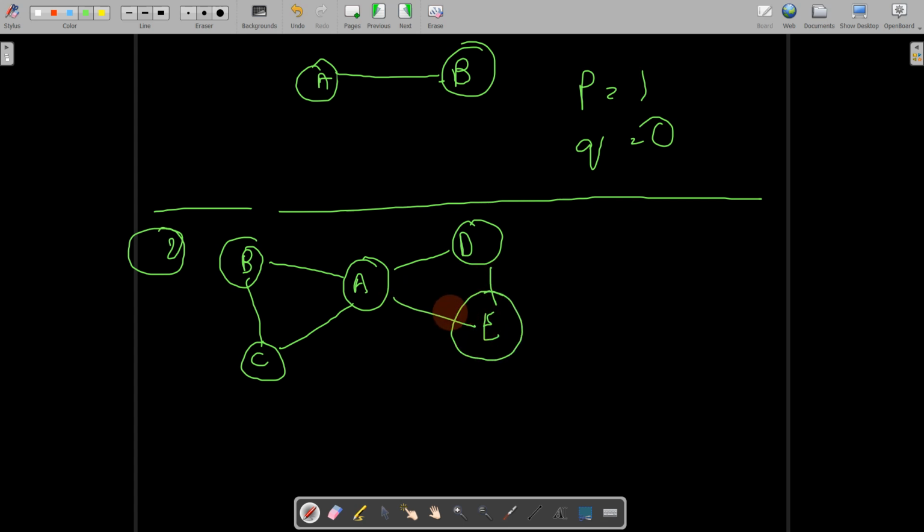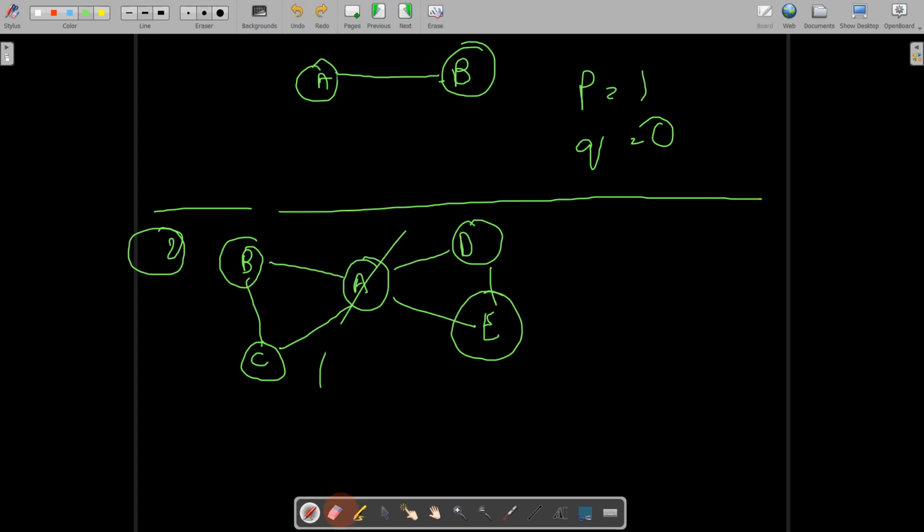It does have a cut vertex, this A. If you remove this vertex completely, how many connected components will you have? Let us try to remove it and see. We remove this part. So from 1, it has increased to 2. So it has 2 connected components. So they definitely have a cut vertex.